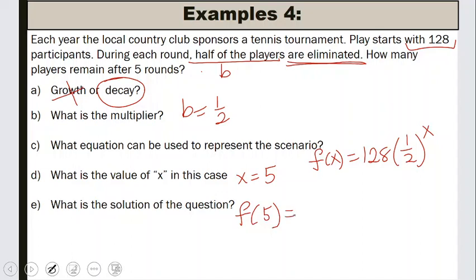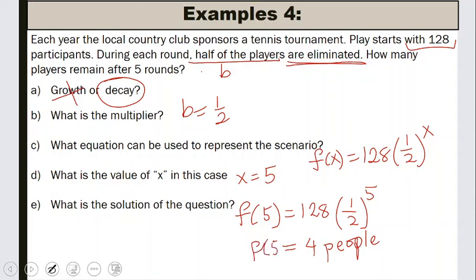So we calculate 128 multiplied by 1/2 raised to the power of 5. If you put that into your calculator, f of 5 will be 4. That means after 5 rounds, there are 4 participants remaining after the 5th round of the tournament. And that is the answer. Thank you.